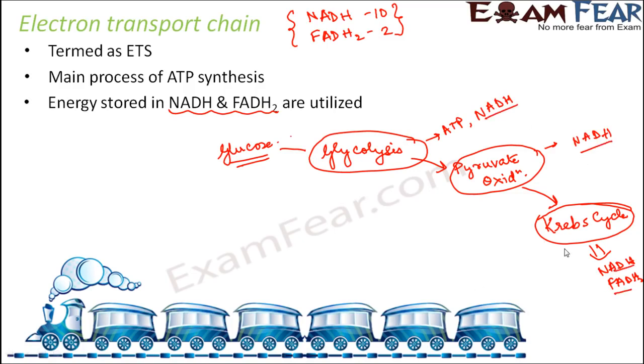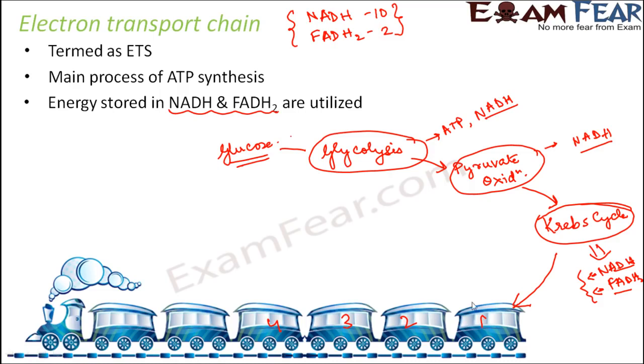In order to utilize their energy to produce ATP, high energy electrons from these molecules, NADH and FADH2, are made to pass through electron carriers. You have so many electron carriers.